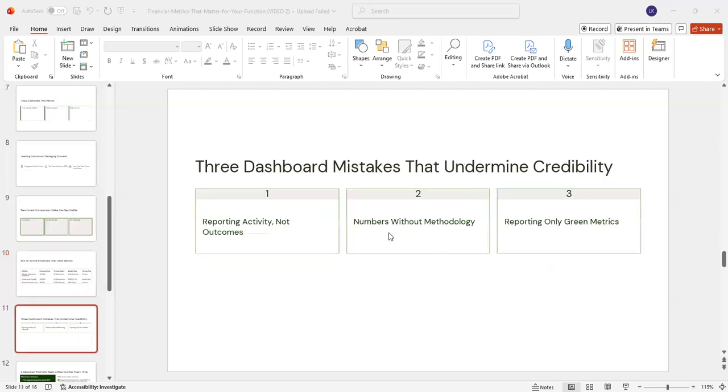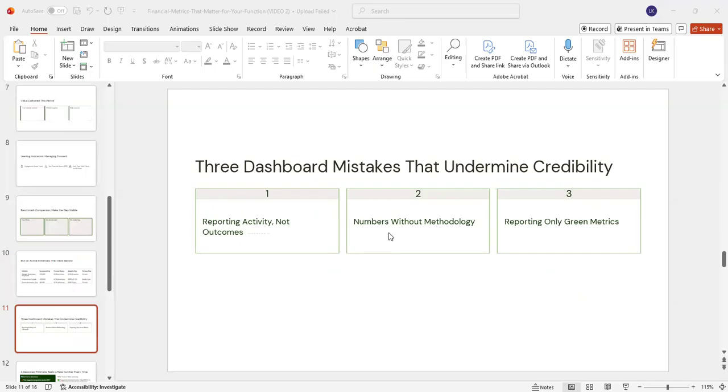So now let me talk a little bit about the common mistakes I've seen in dashboards. A very, very common mistake, and one that we have discussed a fair bit in the video so far, is that of reporting activity, not outcomes.